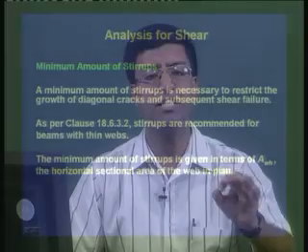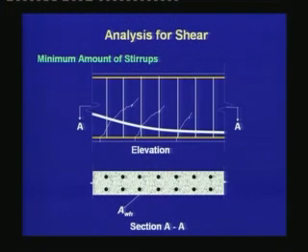That means there is an additional requirement for the minimum amount of stirrups for beams with thin webs, and that is given in terms of a horizontal sectional area of the web. This area is shown in this figure, that if we take a horizontal section, then Awh is the area of the web for this horizontal section.